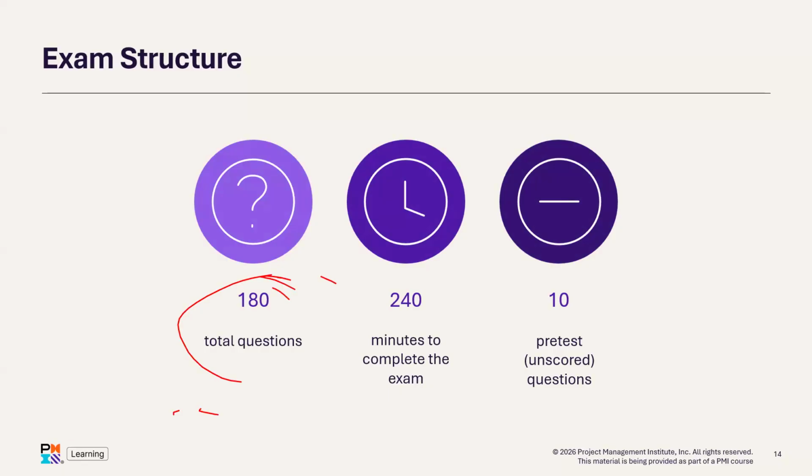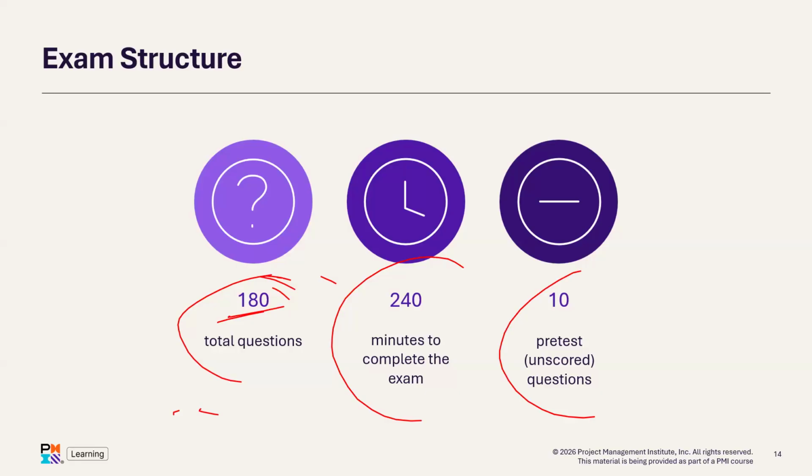180 questions. You will have a total of 240 minutes. That is something around 4 hours. Now, 10 out of these 180 questions, we call them pretest or non-scored questions. If you get them correct, they won't count. They will not be counted as part of the questions against which you are being scored.